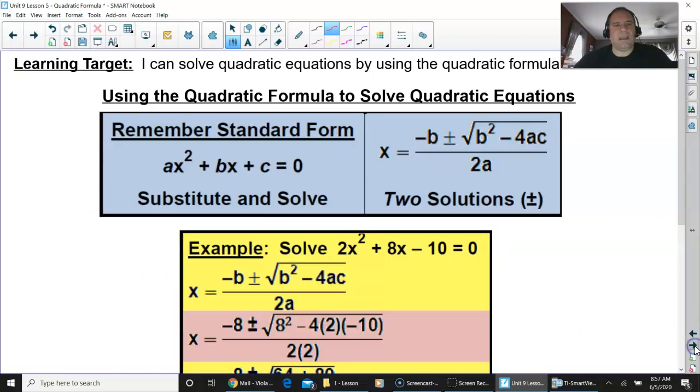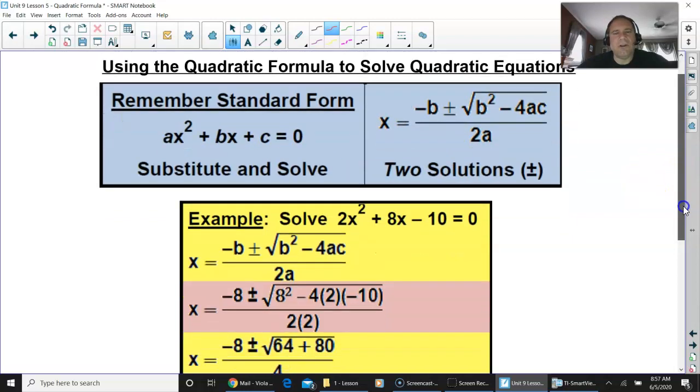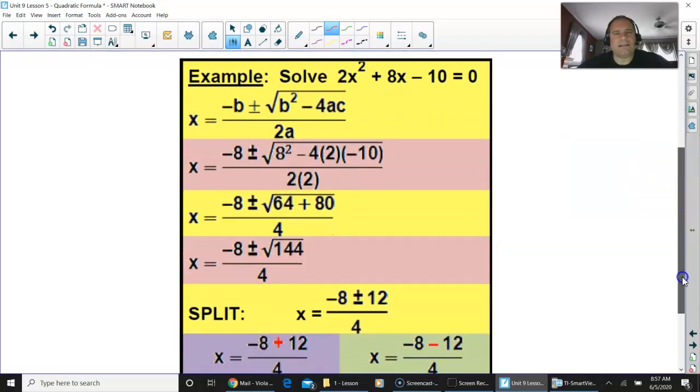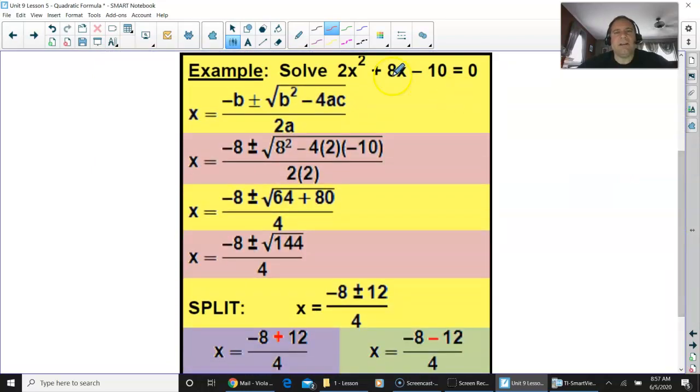All right, and so let's go. So this is one example of how you would use that quadratic formula. Remember, it's standard form: ax squared plus bx plus c equals 0. You substitute and solve. The quadratic formula is right here. So when you go ahead and solve an example like this, you have 2x squared plus 8x minus 10 equals 0.